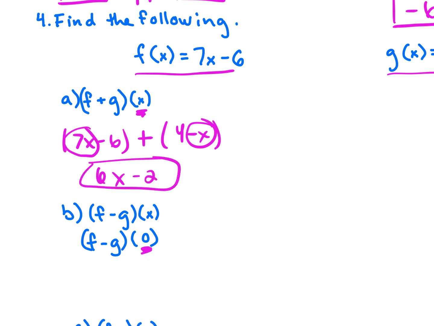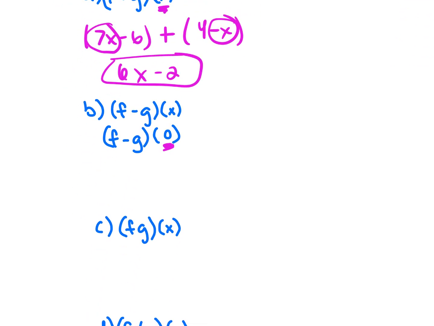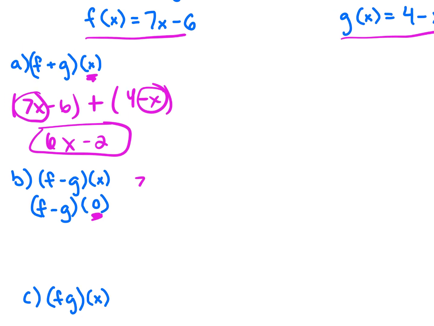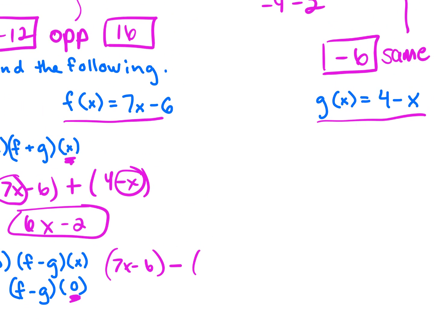If you have an x, like f times g of x or something, that means keep it in terms of x, so you should have an x in your answer. When we are subtracting, that's when we have to be careful, right? These are two separate questions, so treat them separately. The first one says take the f function, which is 7x minus 6, and subtract the g, correct?